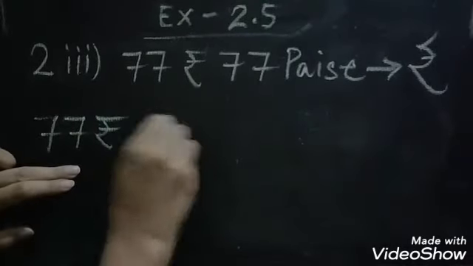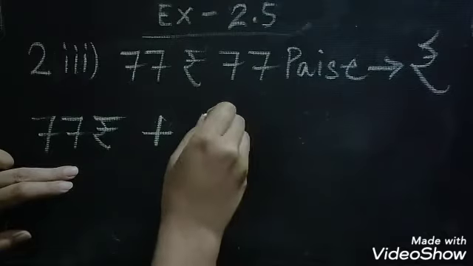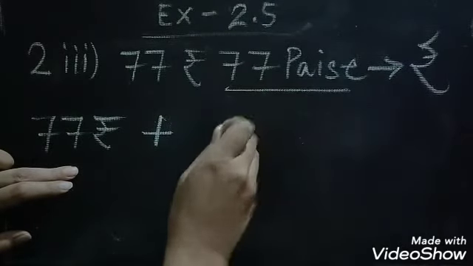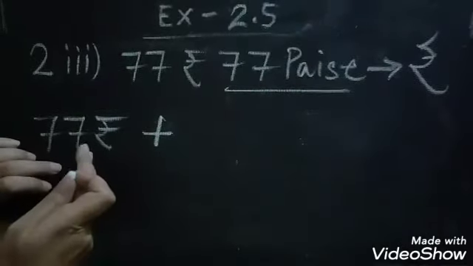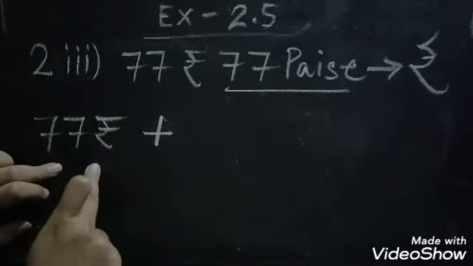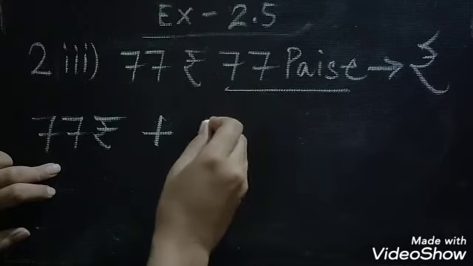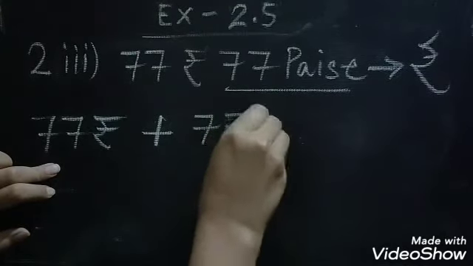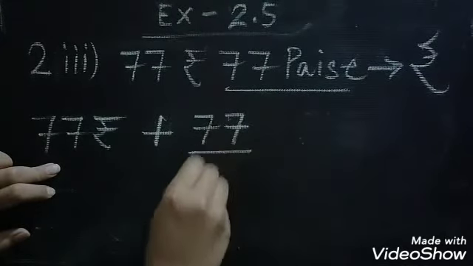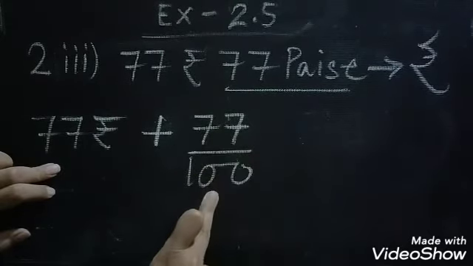So we only need to convert this 77 paise into rupees and add it to the initial 77 rupees to get the answer. As you already know, paise, when converted into rupees, you divide by the conversion factor of 100.